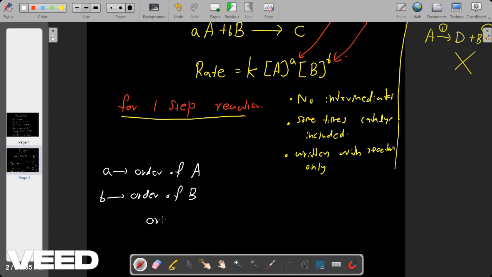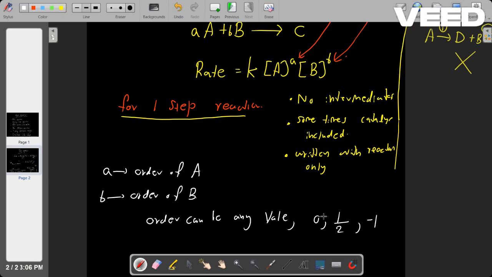It can be zero, it can be a fraction, it can even be a negative value.